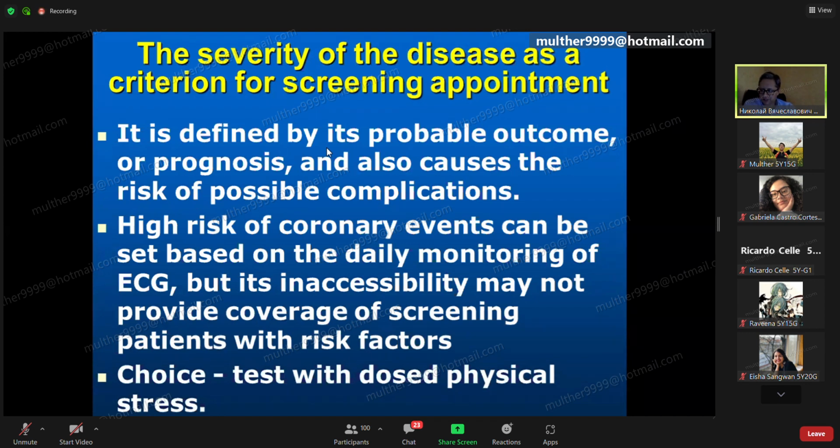For example, a high risk of coronary events for patients with genetic predisposition can be established based on daily monitoring of ECG, but its inaccessibility may not provide coverage of screening patients with risk factors. For these people, we can recommend as the best choice a test with dosed physical stress, or stress ECG.